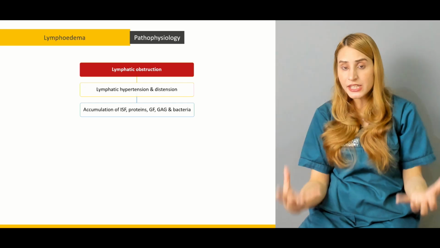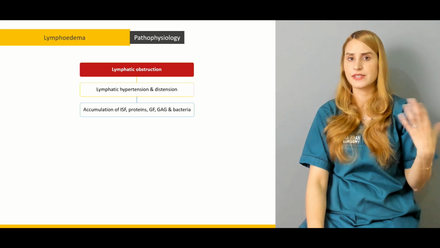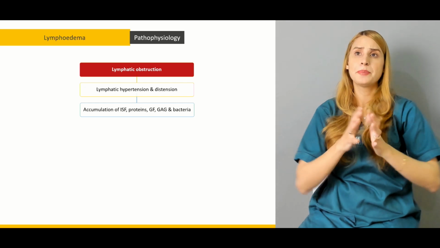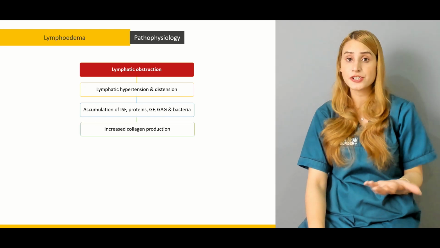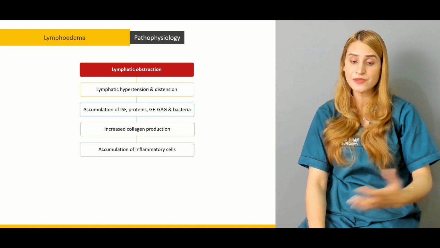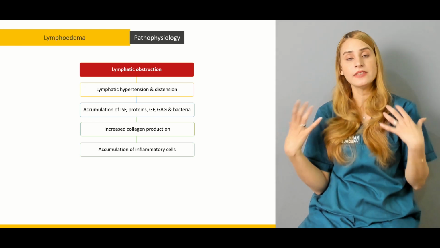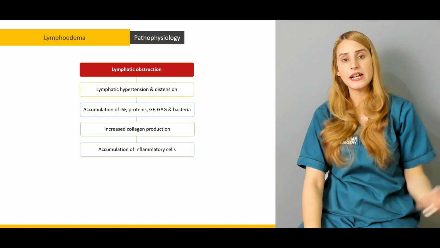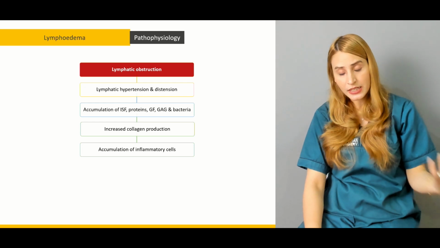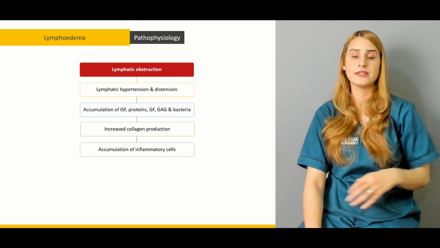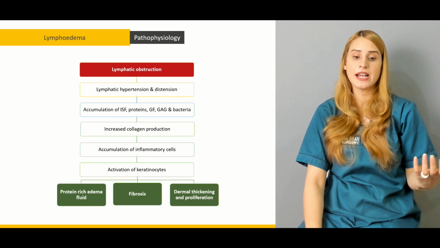And there would be accumulation of interstitial fluid, proteins, growth factors, and obviously, because of this stasis, there would be proliferation of bacteria, increased collagen production, and ultimately the inflammatory cascade: the cytokines, the interleukins, the macrophages, the lymphocytes come to that place, and ultimately there is activation of the keratinocytes.